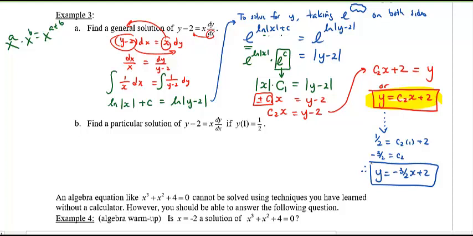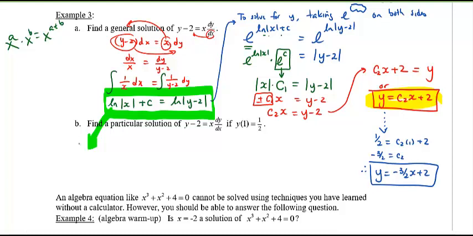But remember how I said you didn't have to solve for y first? So the other method could have been doing it from this particular step. So let me call this method number 2, or alternate method. Let's not solve for y first. Let's go ahead and actually plug in the numbers and calculate what the constant is first, and then go back and solve for y. Okay, we can do that.